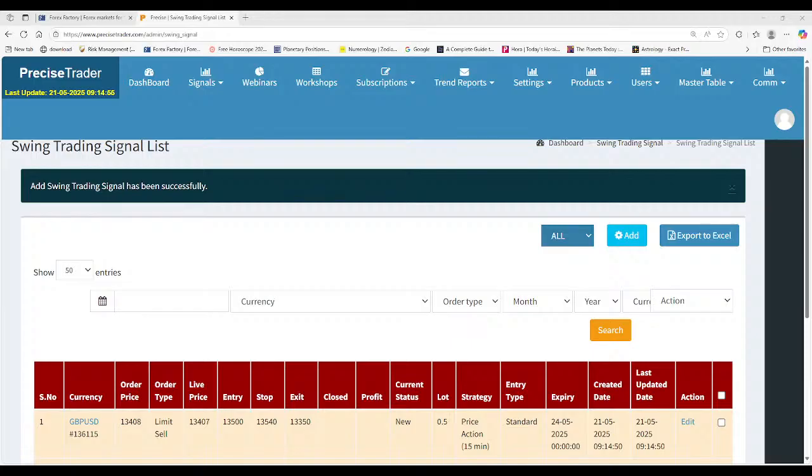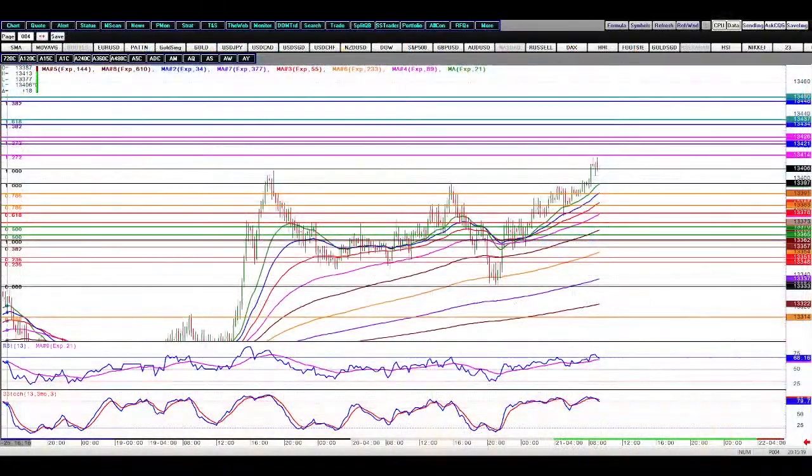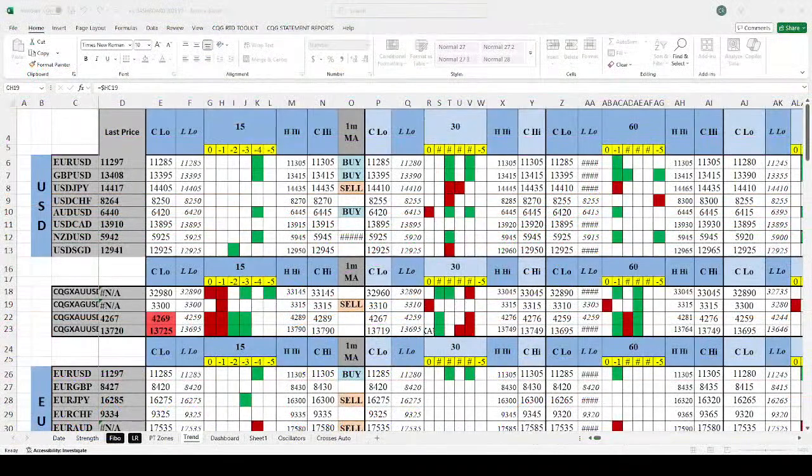Now let's see the gold first, then we go into dollar yen. It looks like the gold has made a high, because the 15-minute is already showing a top. Let's see the gold, then we will get back into the forex again.